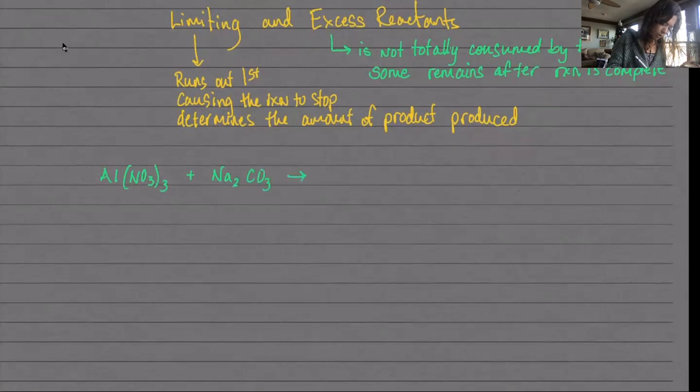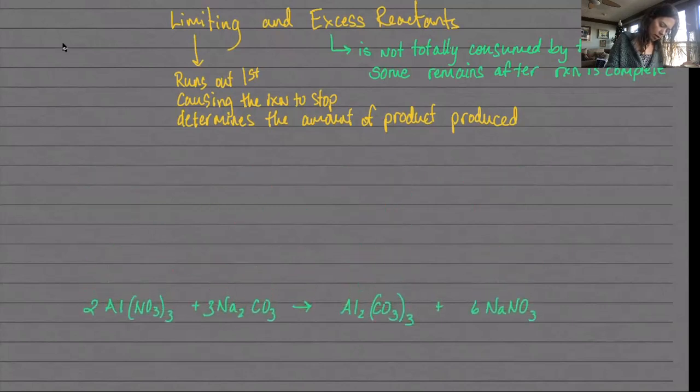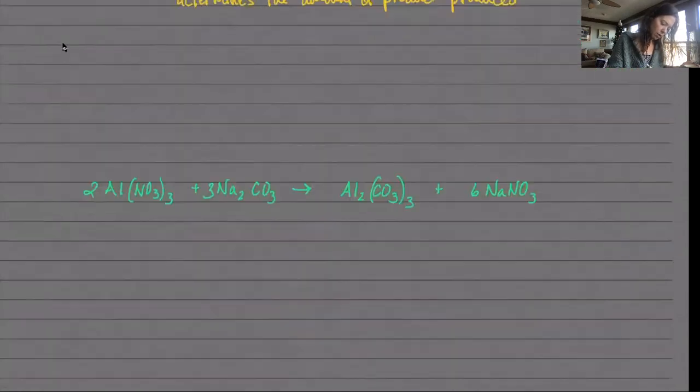And what we will get is some aluminum carbonate, right? And some sodium nitrate. And I can see that this will be a 6, this will be a 2, and this will be a 3. I'm going to move that down and write my question above it so that I can write the information up above it, because I like to do that. I'm sorry, I should have done that for you first.